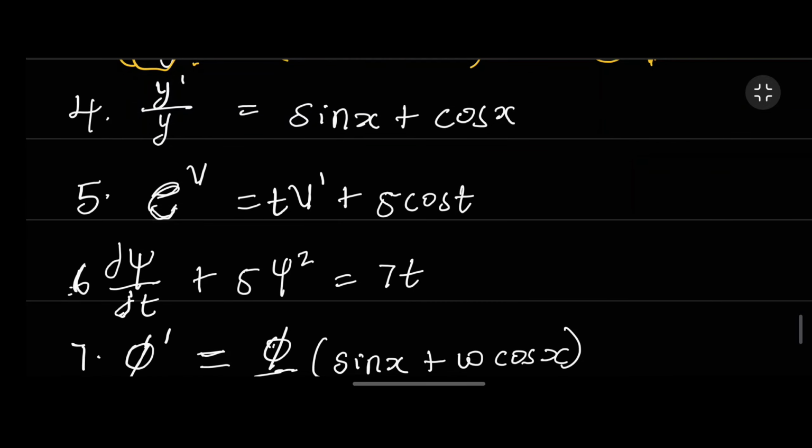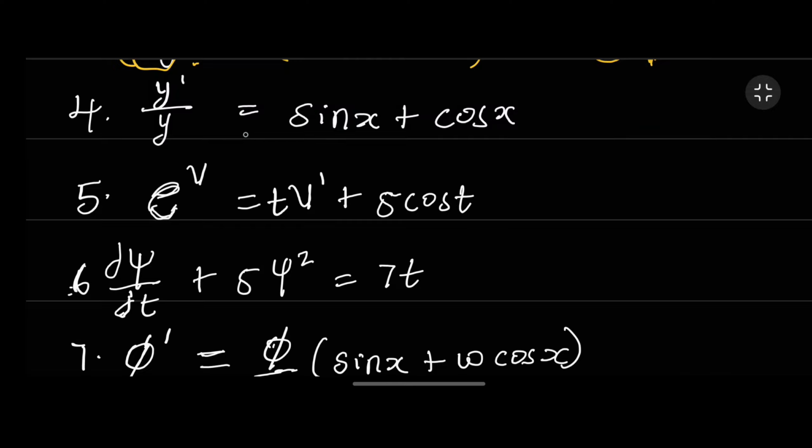So this one says y prime over y is equal to sine of x plus cosine of x. Let's check whether this is linear. First of all, y prime has an exponent of 1, y has an exponent of -1.